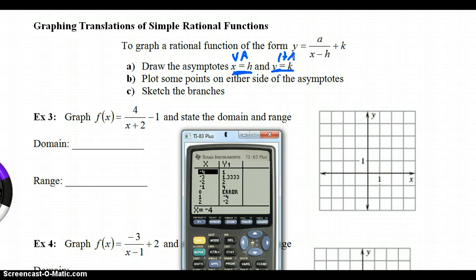So what we will see in this example, let's look at our h. Our h here, if this is x + 2, our asymptote is x cannot equal -2. And where does that come from? If x equals -2, x + 2 would be 0, and we can't divide by 0.